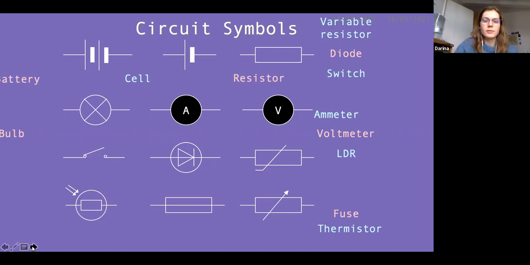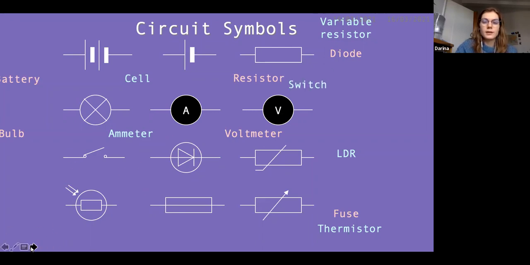Oh, I should probably put them on. So this one is when it's open, the circuit is not complete. When it's closed, it is complete. It's not quite a diode. That one's the next one along, actually. This is a switch. The switch basically controls whether or not the circuit is complete.